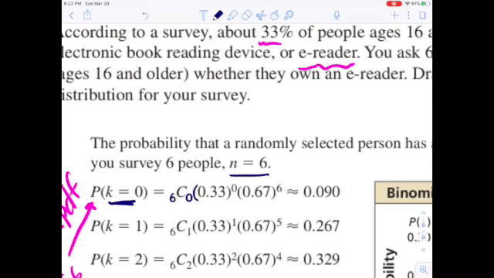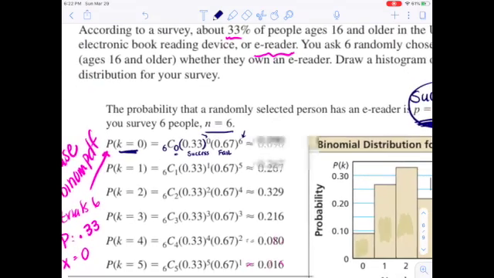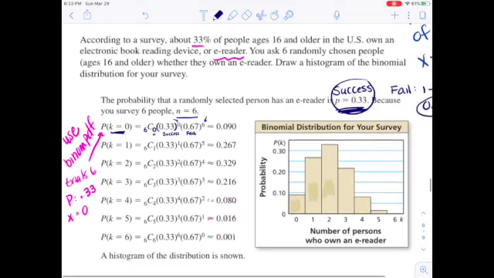So 0 people having an e-reader out of 6 would just be the probability of your success to the 0 power. So this guy always matches this 0. And then your probability of fail is the 0.67 to the 6th power. And that'll be 0.090.